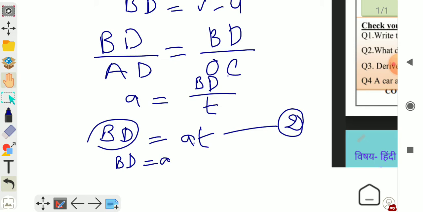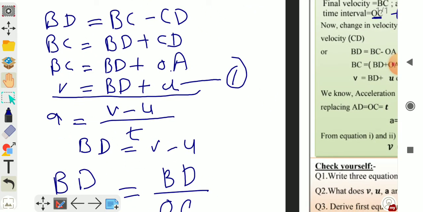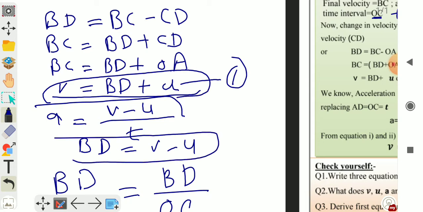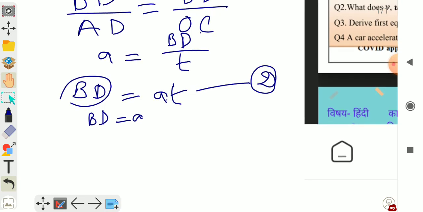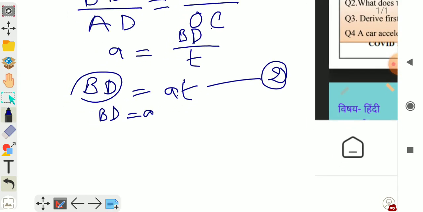and in first equation, A is equal to V minus U, this one is the first equation, or BD is equal to V minus U. So when we put up the value of BD in equation 2 we get v equal to u plus at.